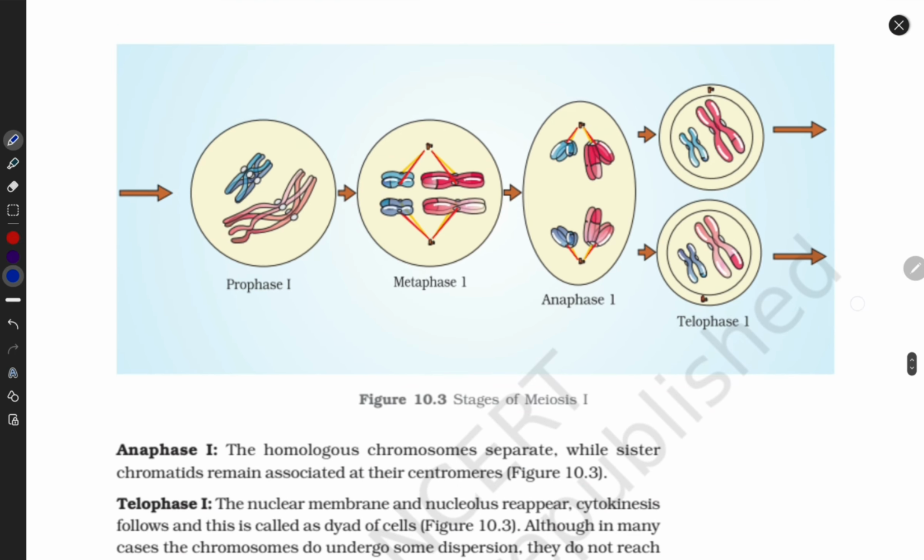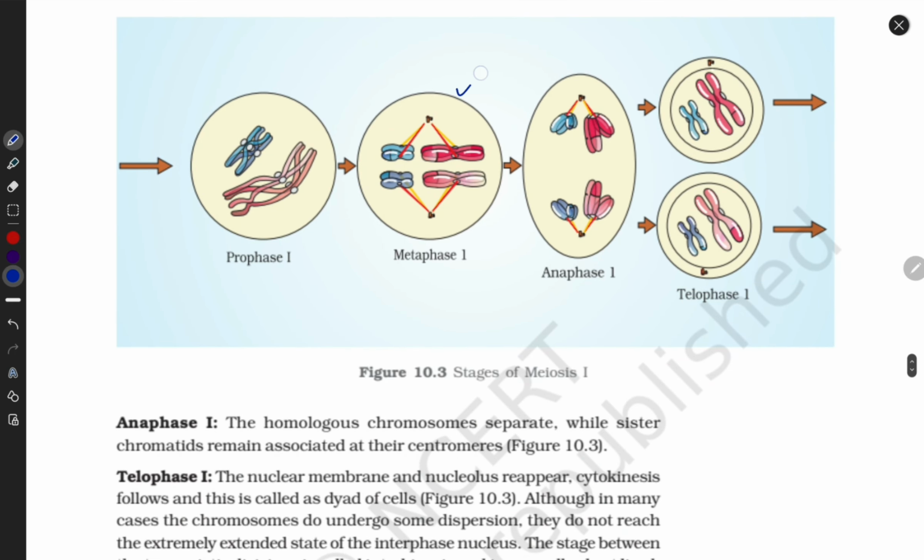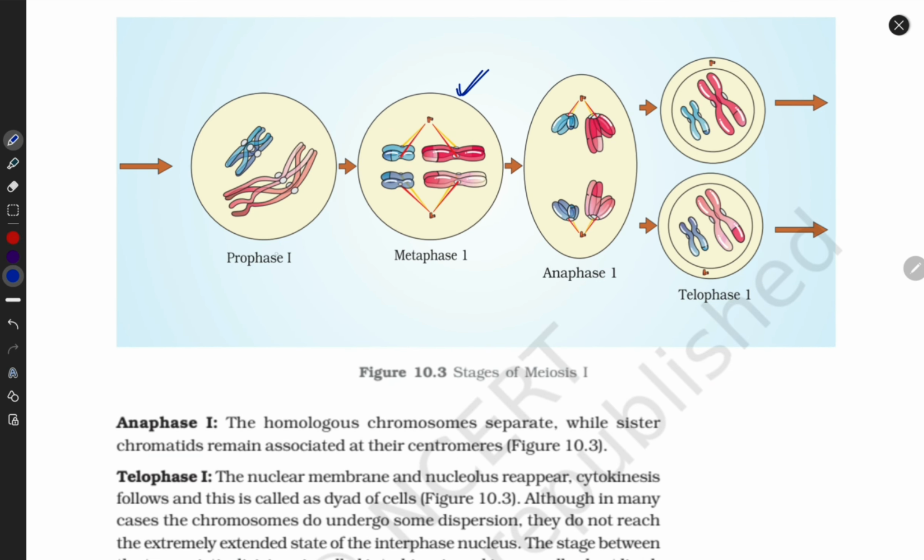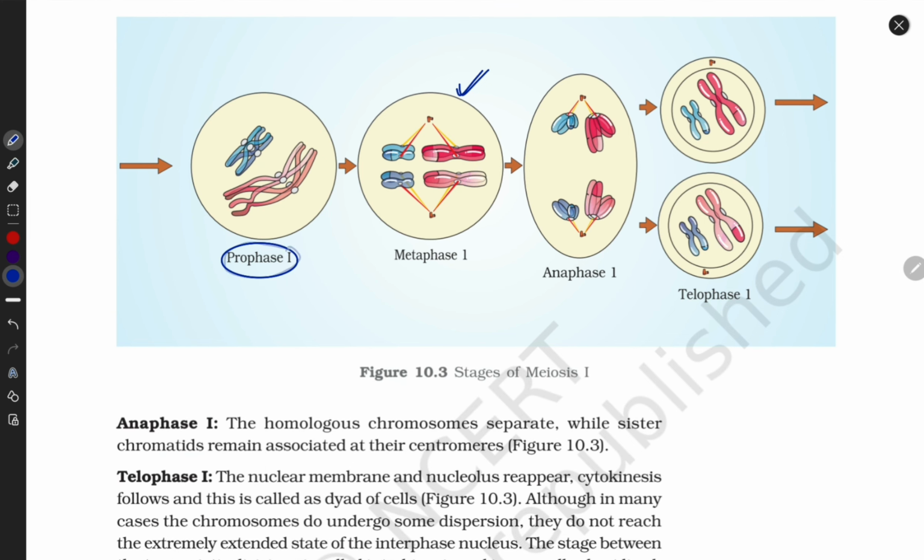Let's check, guys, look here. This is the prophase. They already complete their five steps: leptotene, zygotene, pachytene, diplotene, diakinesis. And the diakinesis stage enters metaphase 1. Now the chromosomes are arranged on an equatorial plane. This is the equatorial plane.